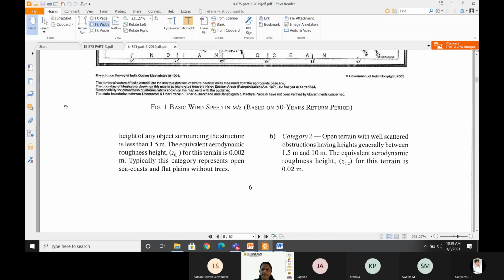Now category 2: an open terrain with well scattered obstructions having heights generally between 1.5 to 10 meter. So category 2 is also an open terrain where the maximum height of the surrounding buildings will be between 1.5 meter and 10 meter, and they are not closely spaced but scattered obstructions. That is category 2.